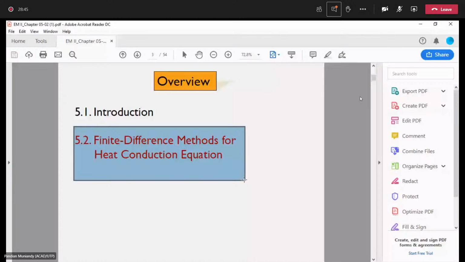At the end of the session, you should be able to solve. But we are not going to solve the whole thing today. Maybe we will cover 50%, and continue next week with the rest. So solve the heat conduction equation by using finite difference methods. The objective is very simple and straightforward: a single objective, solve heat conduction equation.